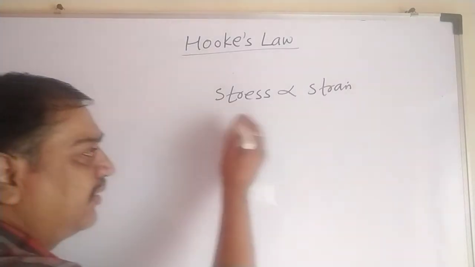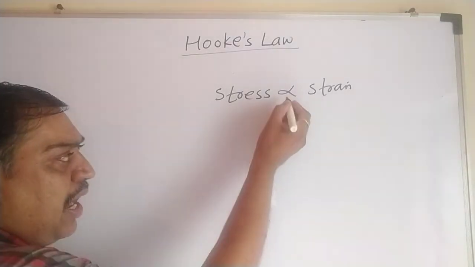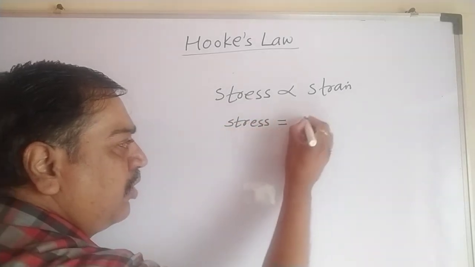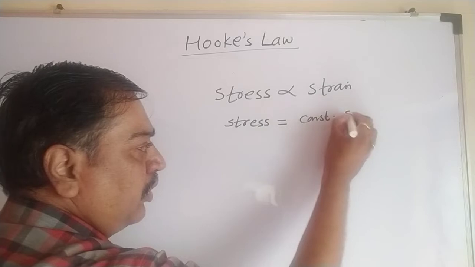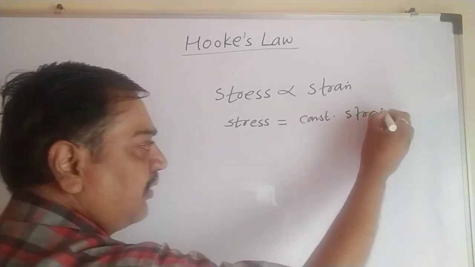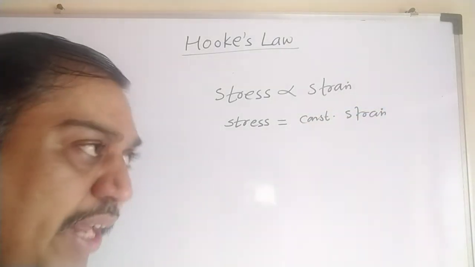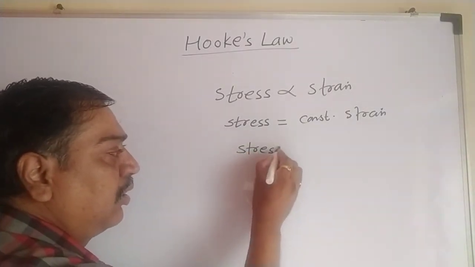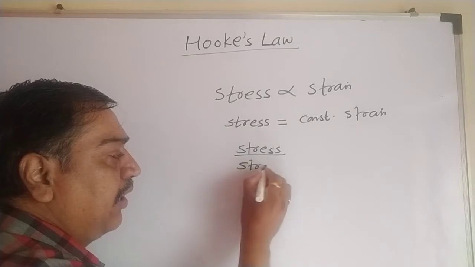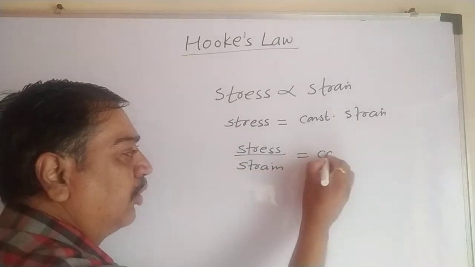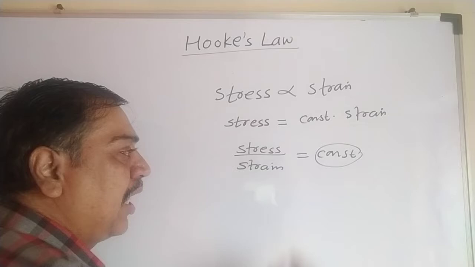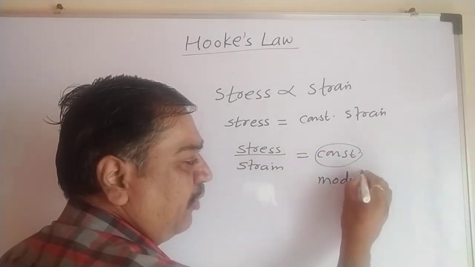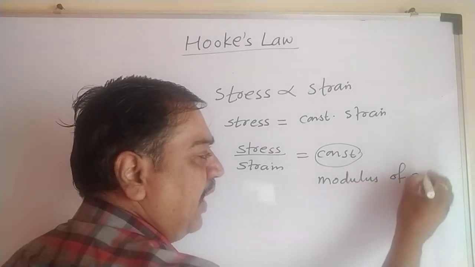It says that stress is directly proportional to strain. If we remove the proportionality sign, we can write stress equal to some constant into strain. Moving the strain to the other side, we get stress divided by strain equal to some constant, and this constant of proportionality is said to be the modulus of elasticity.